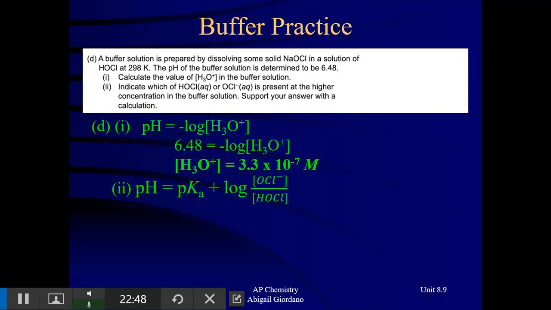So because it's a buffer system, I'm going to use the Henderson-Hasselbalch equation, and there it is. Let's plug in the pieces that we know. We were given the pH. On the previous slide, we were given the Ka value for HOCl. pKa, remember, is negative log of that value.